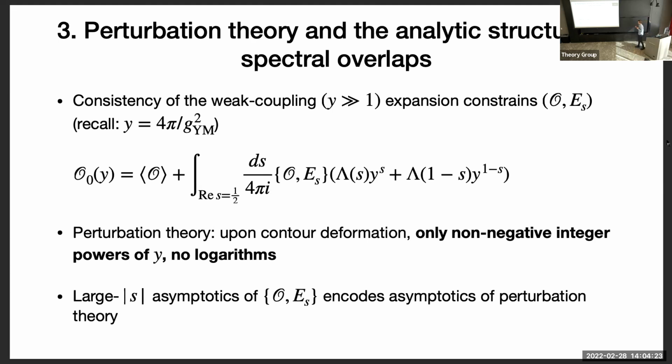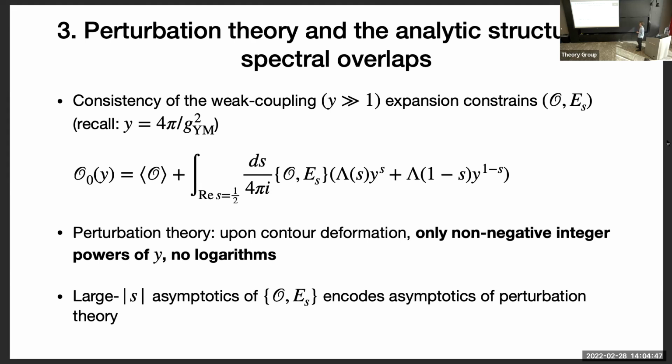So anyway, let's talk about how perturbation theory constrains the analytic structure of these spectral overlaps, O E sub S. And so how do I develop perturbation theory? Here's an expression for the zero mode. I've just put in the zero mode of the Eisenstein series here, and there are no cusp forms because they don't have zero modes.